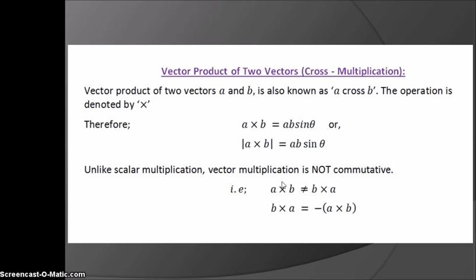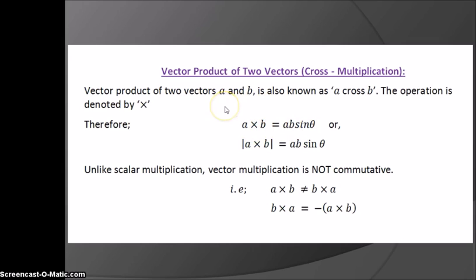When we move over to vector product of two vectors, otherwise called cross multiplication, it's very similar to dot multiplication. The difference is it's denoted by this symbol, which is the multiplication or cross symbol. So a cross b is equal to ab sine theta.